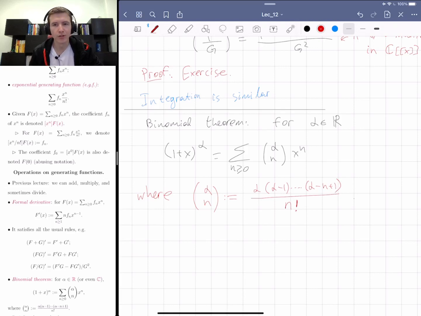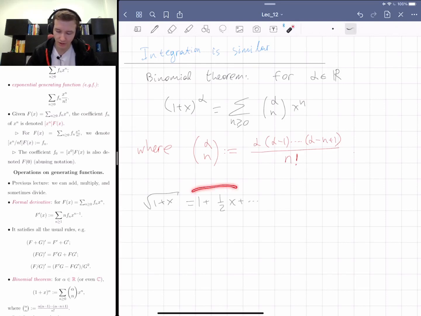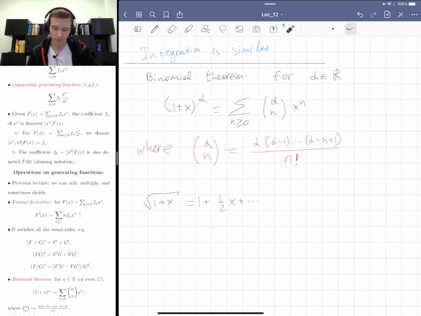Is that familiar, or have you never seen this statement before in your life? Okay, yeah, in calculus, if you want to expand the square root of 1 plus x, like 1 plus 1/2 x plus etc., if you just write down the Taylor series, then these coefficients are going to be exactly given by these generalized binomial coefficients.